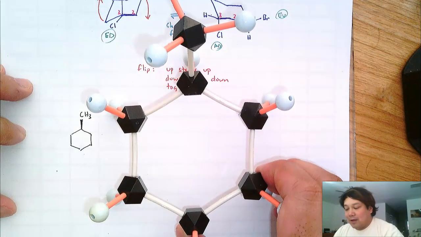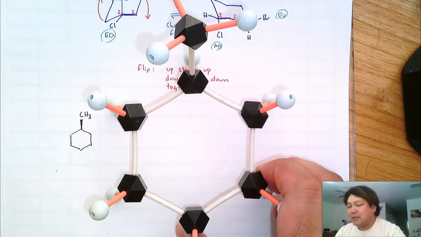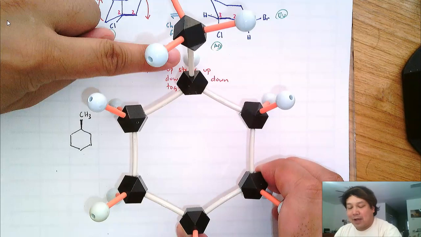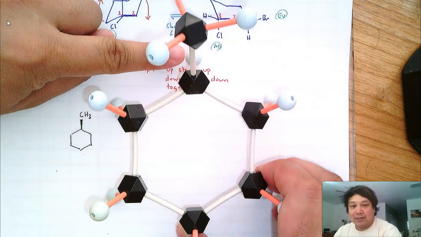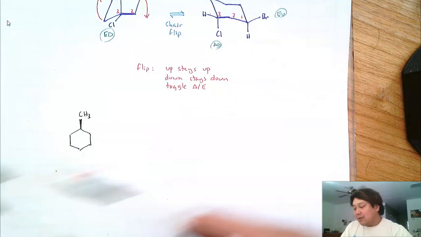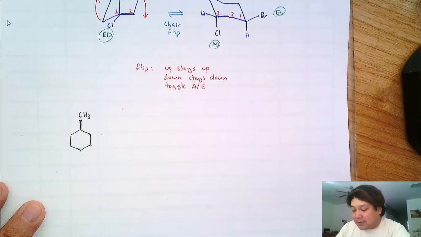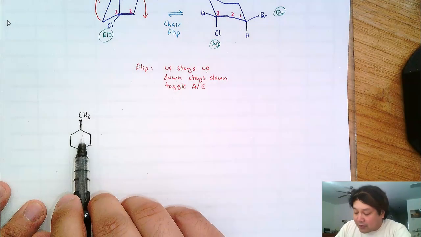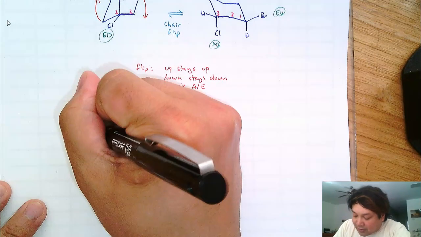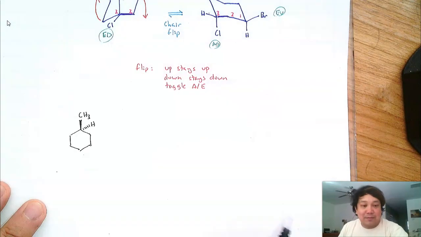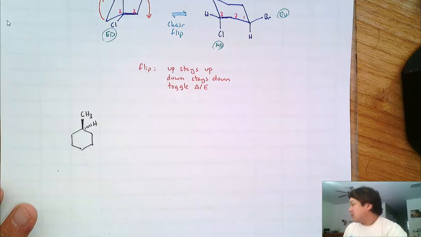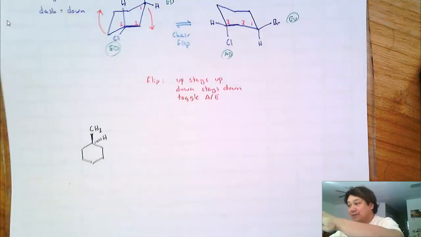Okay, we haven't had much practice in prior videos, but do you see where that hydrogen is? It's away from us. It's in the back. So you'll get used to this. Even though they don't draw the hydrogen, we can add it if we want, but we have to add it as a dash.